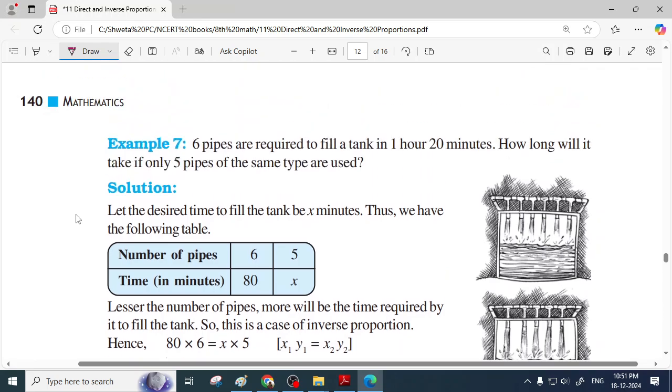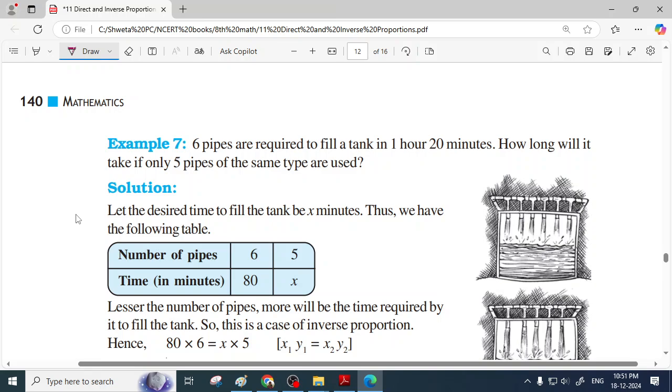Here are some examples. 6 pipes are required to fill a tank in 1 hour and 20 minutes. How long will it take if only 5 pipes of the same type are used? Now we are decreasing the number of pipes, so the time required to fill the tank will increase. Let the desired time to fill the tank be x.